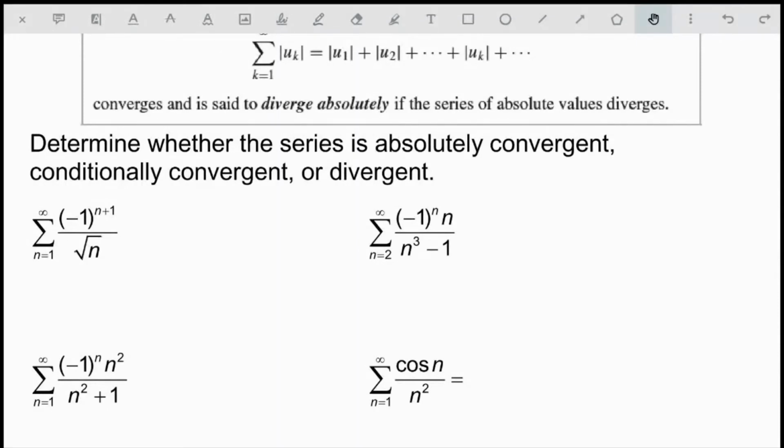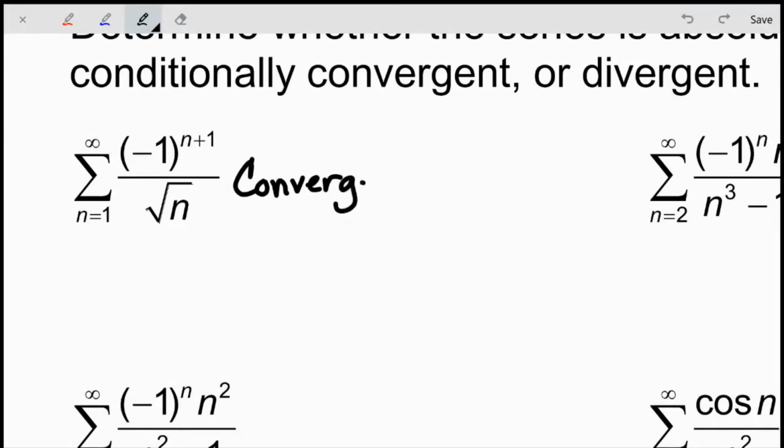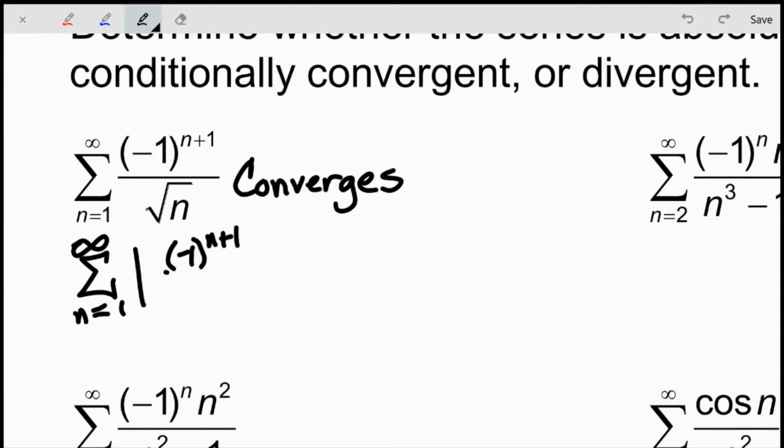So if I've got a series that looks like this, (-1)^(n+1) over square root of n, I want to look at it in different forms. To start with, in its alternating form, in the form that it's in, this converges, right? What I also want to look at is what happens if I take the absolute value of (-1)^(n+1) over square root of n.